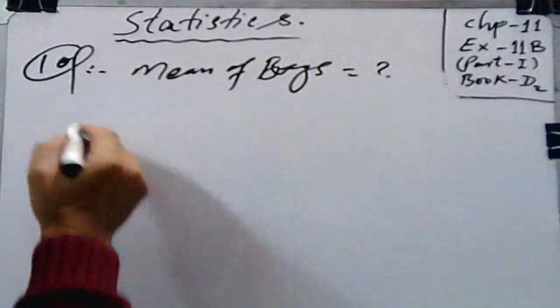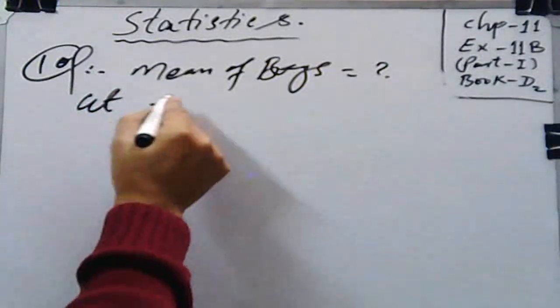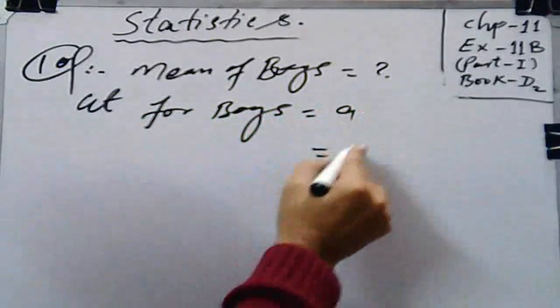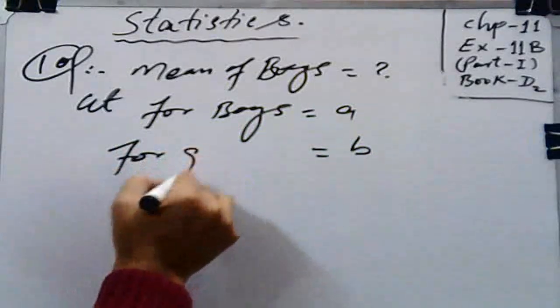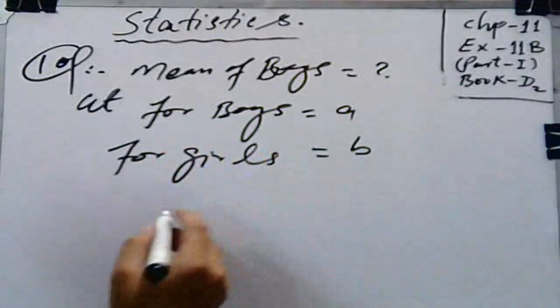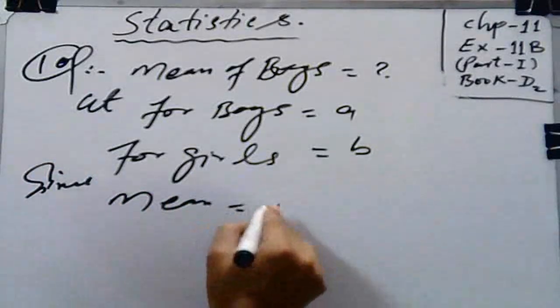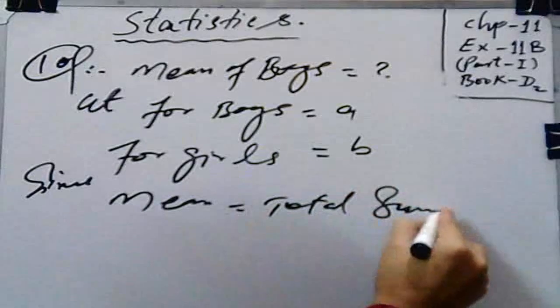Suppose we have to calculate the mean for boys. Let A be the sum for boys and B for girls. Since we have a formula, mean is equal to total sum divided by total number.